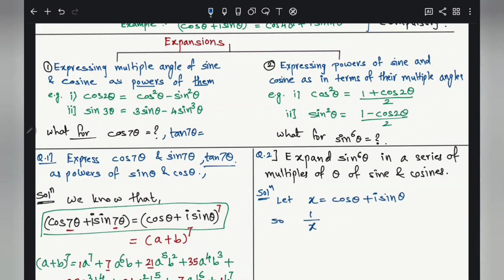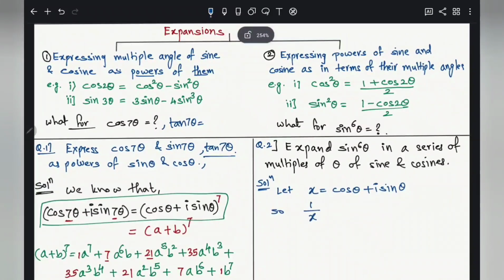So in this type of example, we will not start immediately with De Moivre's theorem as we started in this, but we will take x as cos theta plus i sin theta, and so 1 by x will be 1 upon cos theta plus i sin theta, or you can say cos theta plus i sin theta raised to minus 1. It will be a reciprocal. So this is the very important step in this. We need to start with this.